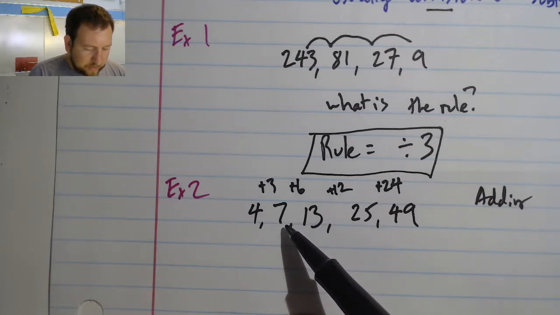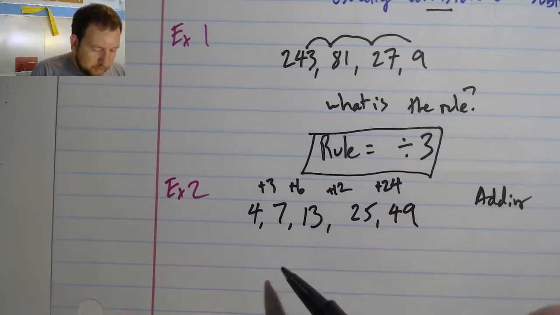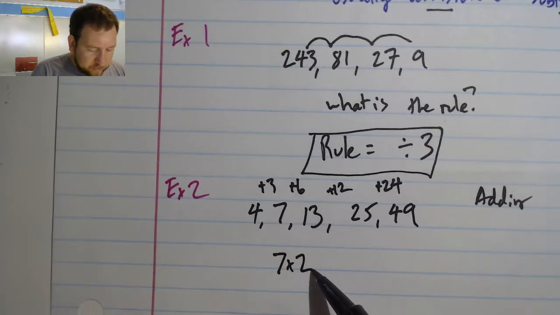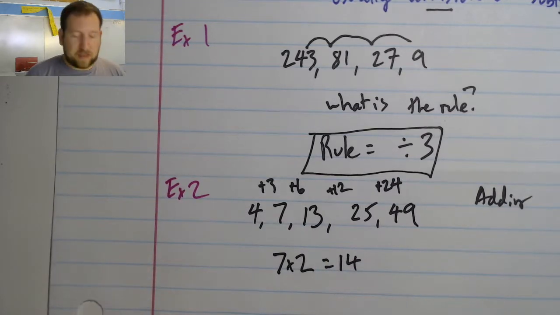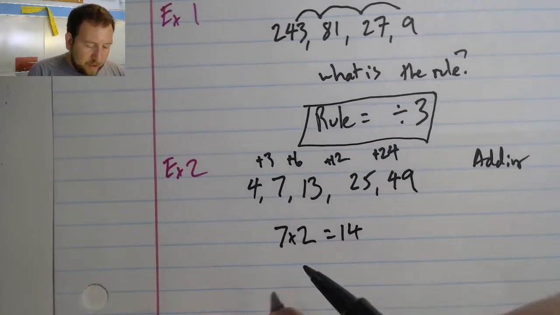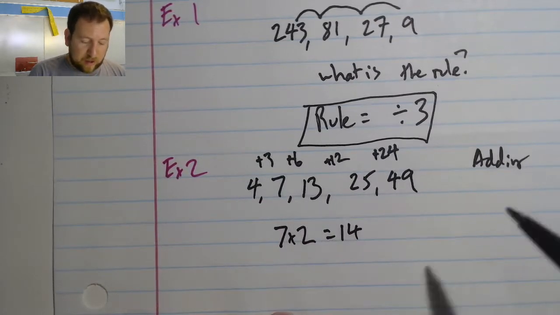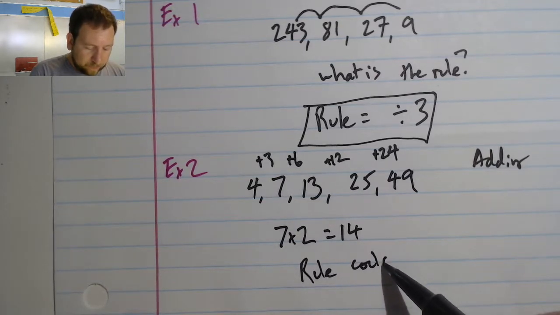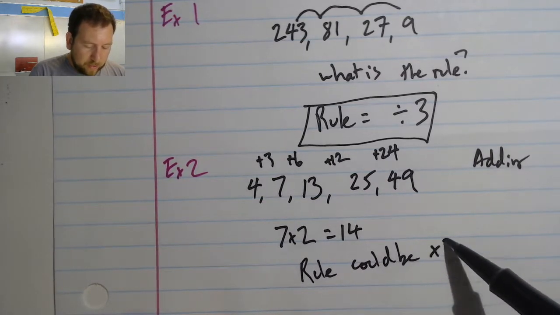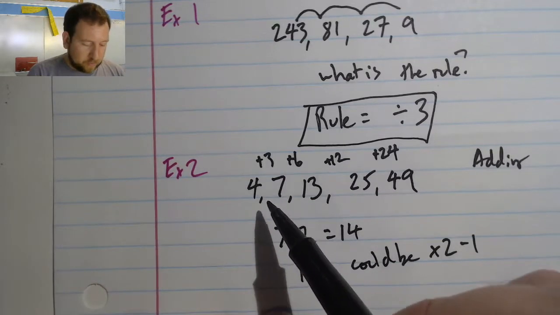If I multiply 7 times 2, that's 14, and 14's almost 13. So if my rule was multiply by 2 and then subtract 1, that would work for 7 to 13. So my rule could be times 2 minus 1.